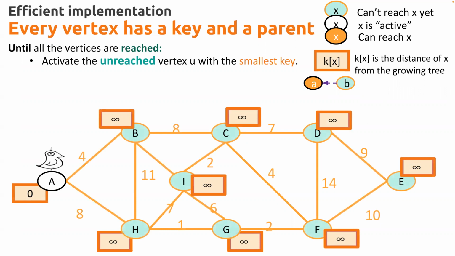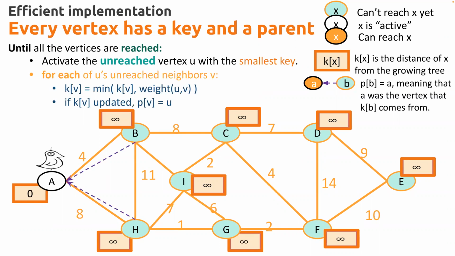You look at all the ones you have not finished yet in the D array, and you take the one with the smallest estimate. That's the one you're going to go to next. Same thing with Prim's. Then for each of the neighbors of that node, you're going to do an update. If my estimate is better by taking the new edge UV, then I will update that value.